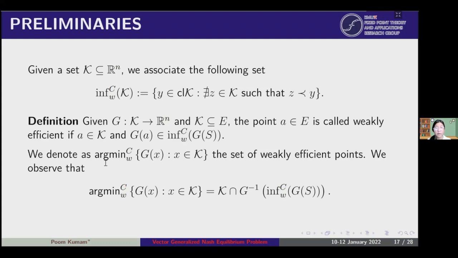Therefore, we denote the argmin as the set of weakly efficient points, and we also observe that the argmin of G of X is the intersection of K and the inverse image under G of the infimum of G of K here.